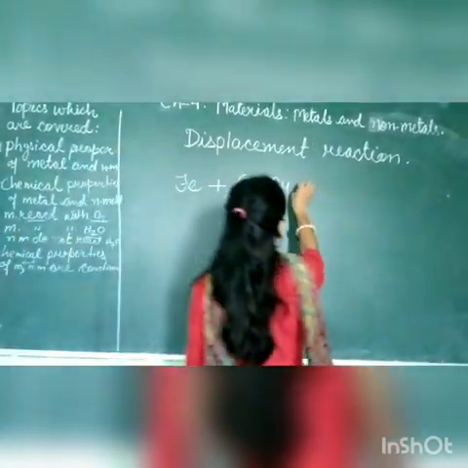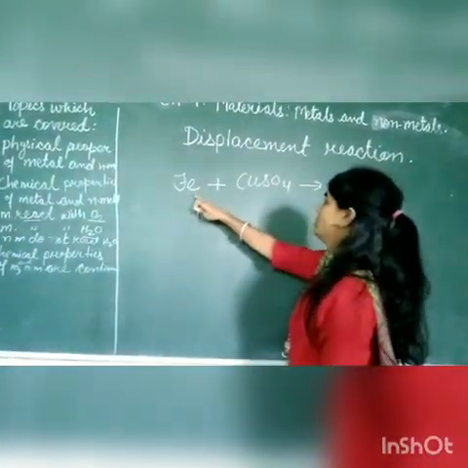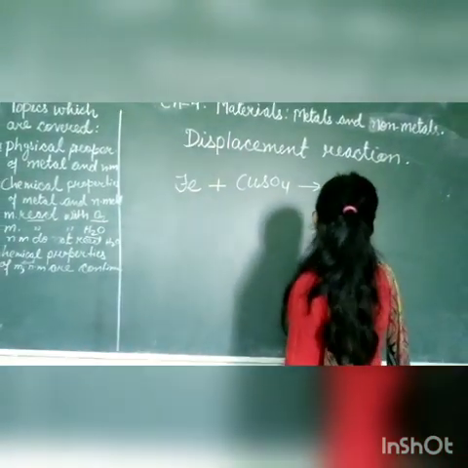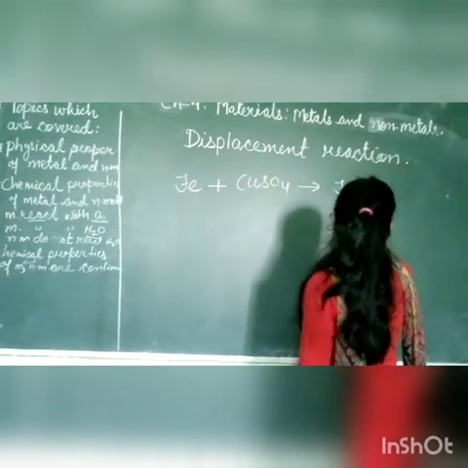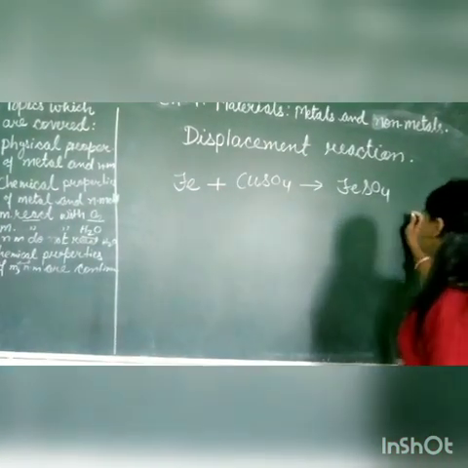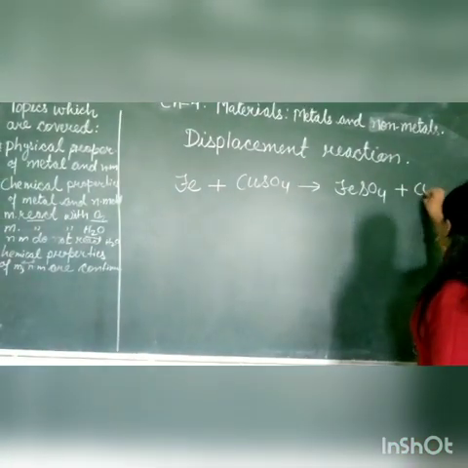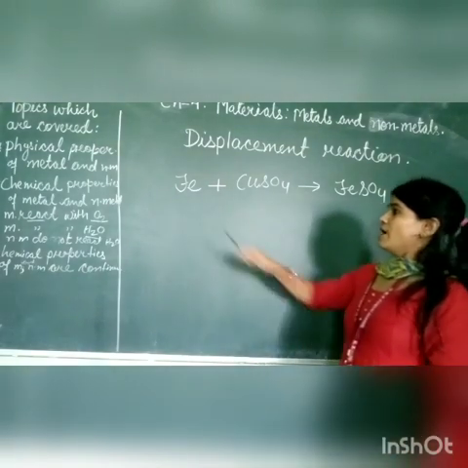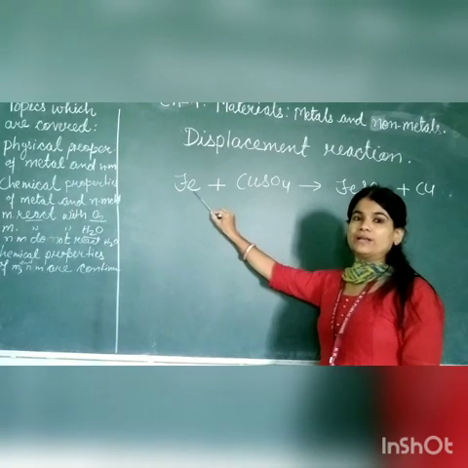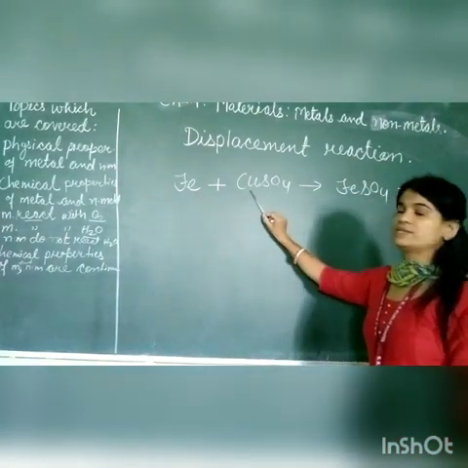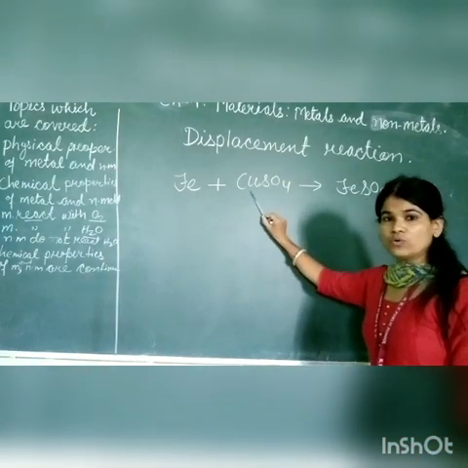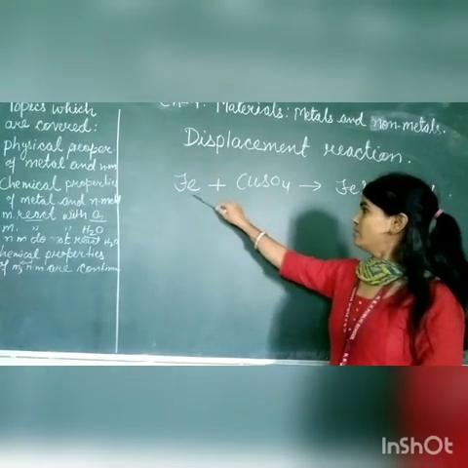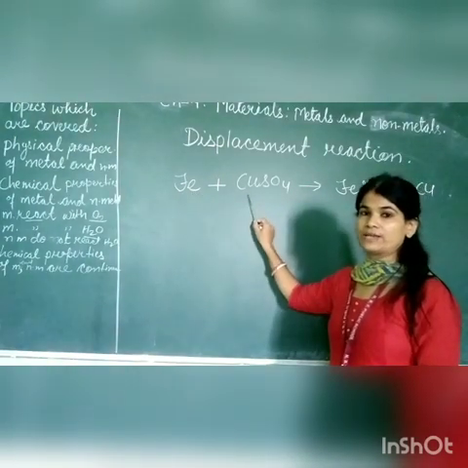You will see in this equation, iron will take the place of copper and copper will separate out. It means what happened here? Iron is a highly reactive metal and copper is a less reactive metal. This you have all seen in the reactivity series. Iron is above copper in the reactivity series.